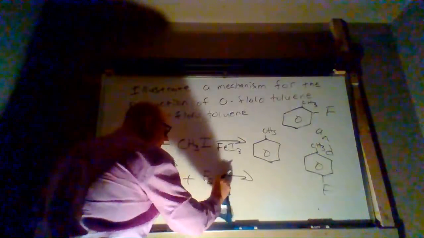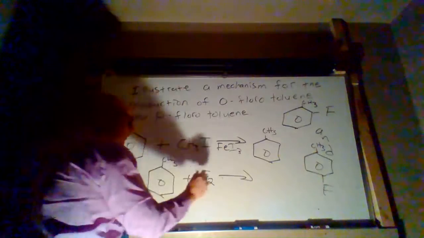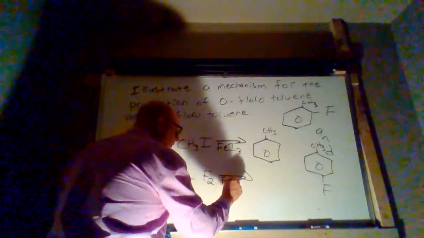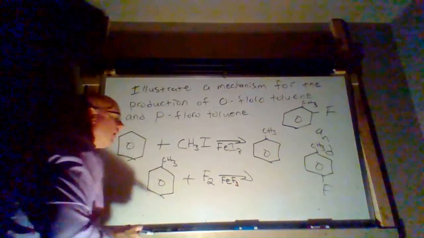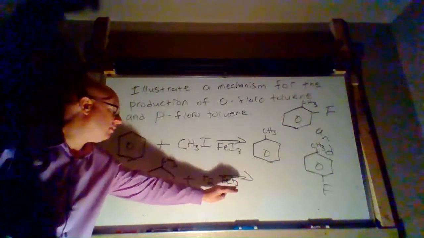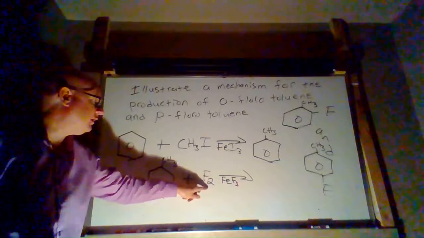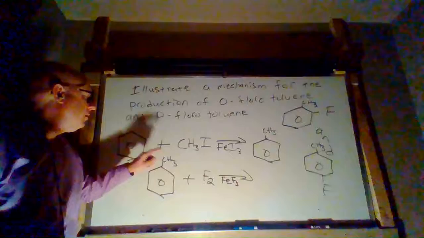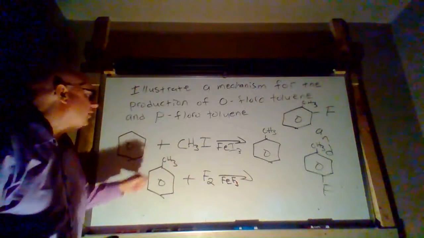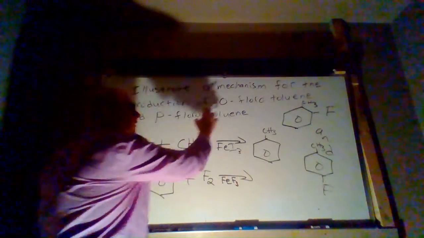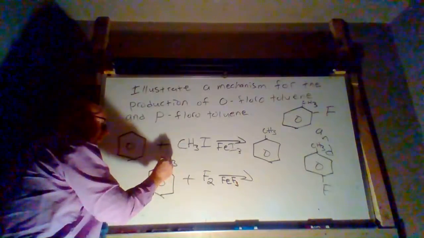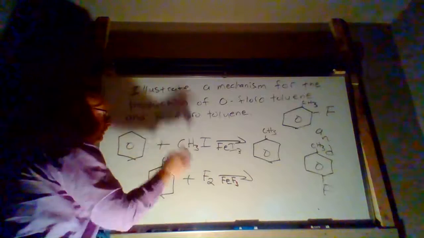That fluorine is going to attach onto this methyl group instead. So we have to have some sort of metal catalyst. Again, Fe, we can do FeF3. Now we've got our metal catalyst telling this halogen, you're going to react, but you're not going to attach onto here. Since it's not heat, it's going to give you your para and ortho positioning, because this is directing where that's going to attach.